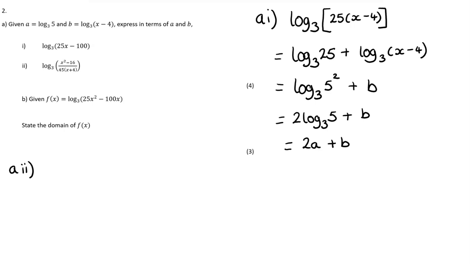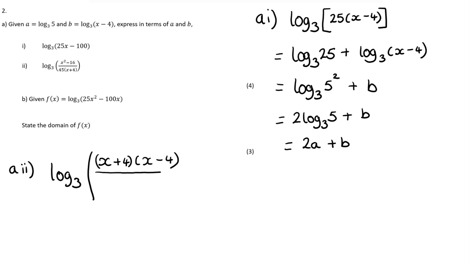So with this one, we're going to start by just playing around with what's in the bracket here. And yet again, I'm going to do a bit of factorising. So I'm going to start off by factorising x squared minus 16, yet again using, my friend, the difference of two squares.